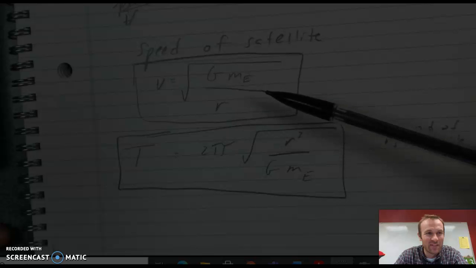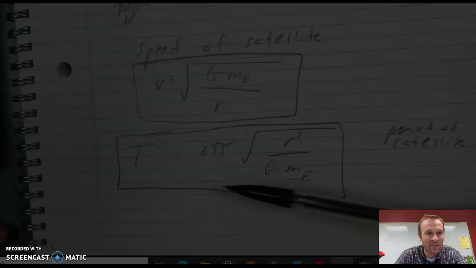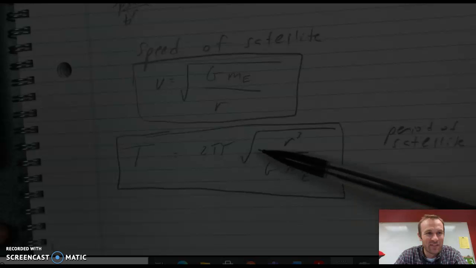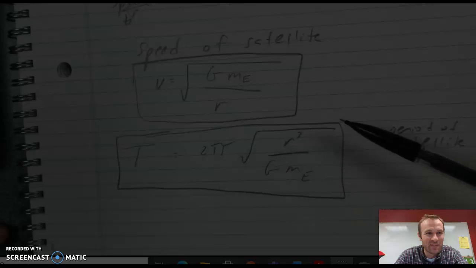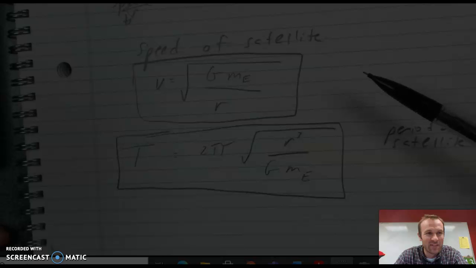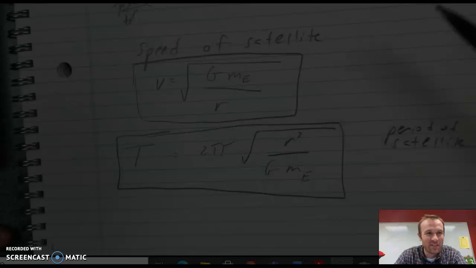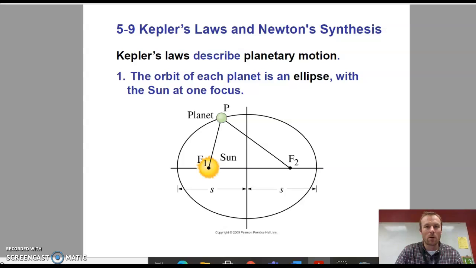That's important to realize. This one is the period of a satellite, so 2 pi times the square root of r cubed over big G times the mass of Earth. And once again, that r value is the radius of the Earth plus the additional elevation of the satellite, so don't fall into that trap.